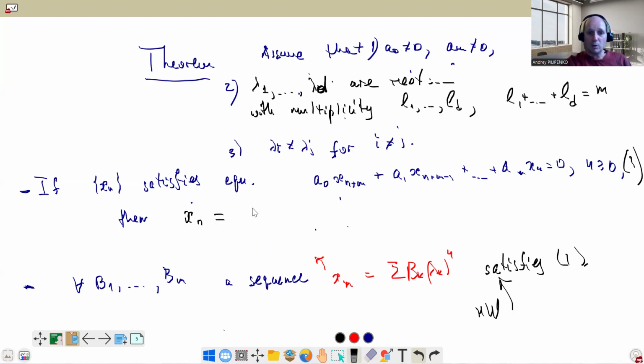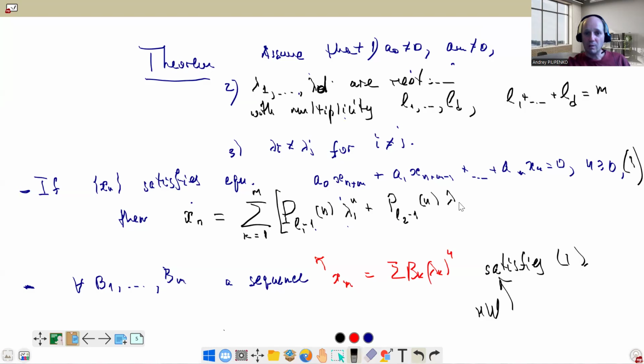xn is equal to a polynomial of degree L1 minus 1 in n times lambda 1 to the power n, plus some polynomial of degree L2 minus 1 in n times lambda 2 to the power n, plus so on, a polynomial of degree Ld minus 1 in n times lambda d to the power n.